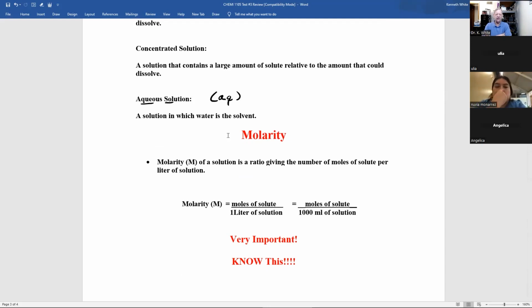Molarity, shown by capital M, I will never ask you the definition of in words, is a ratio: moles of solute per 1 liter of solution. But since 1 liter is 1,000 milliliters, we use moles of solute per 1,000 milliliters of solution.